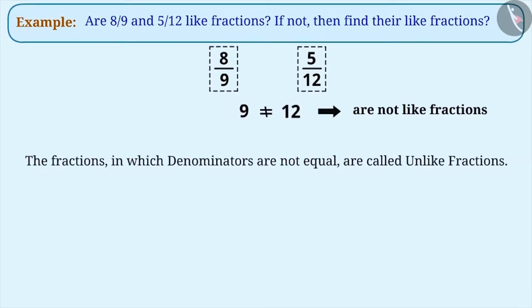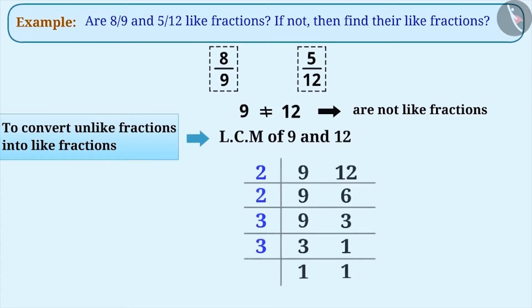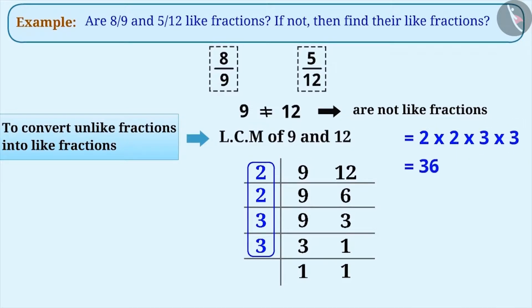Fractions in which denominators are not equal are called unlike fractions. To convert unlike fractions into like fractions, first we calculate the LCM of the denominators. LCM of 9 and 12 can be got like this. Therefore, the LCM of 9 and 12 is 2 into 2 into 3 into 3, that is 36.